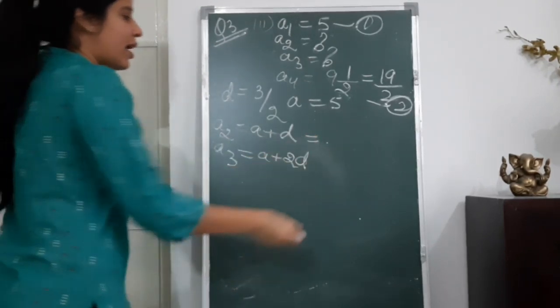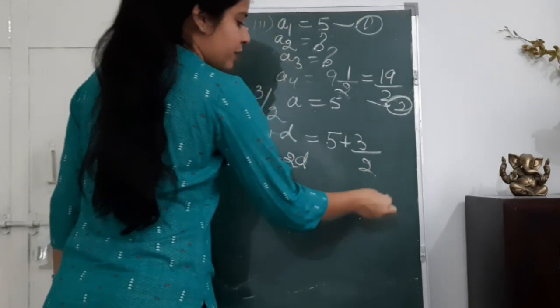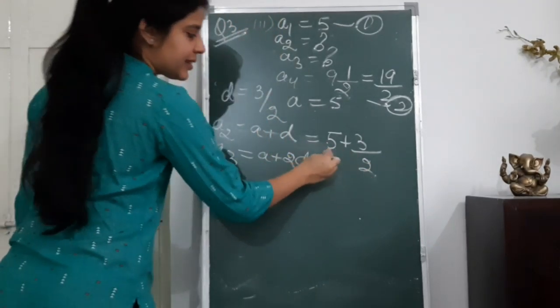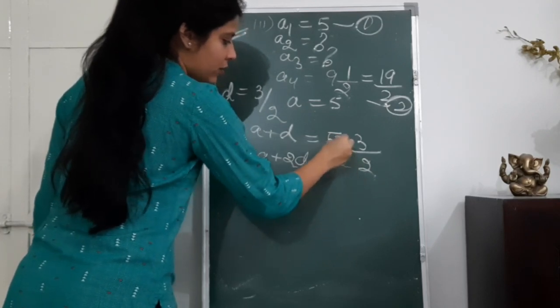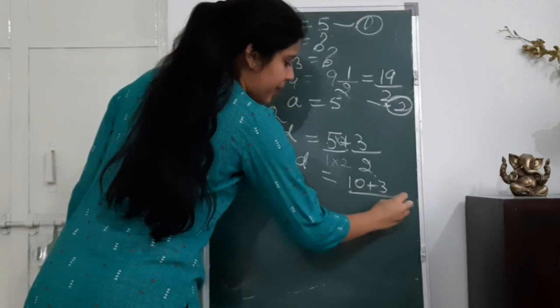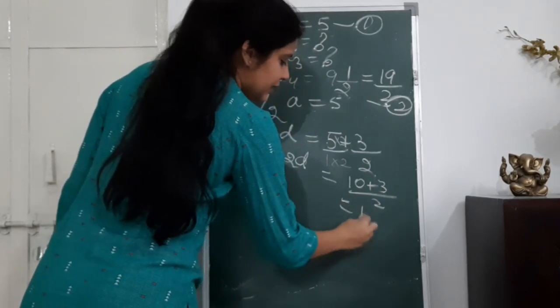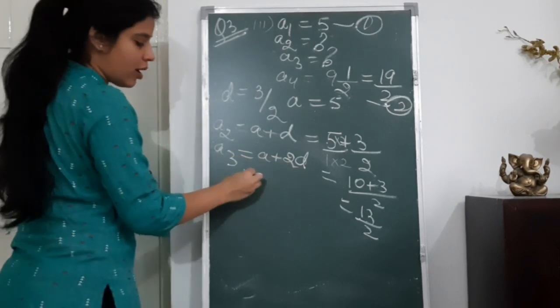A is equal to what? 5 plus 3 by 2, which is equal to, I will multiply this so that it is the same, 5 into 2 is 10, plus 3 by 2, that is 13 by 2. And A plus 2D is equal to what?